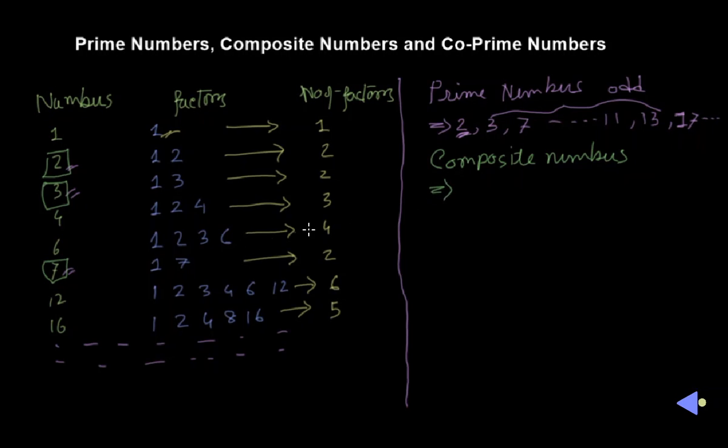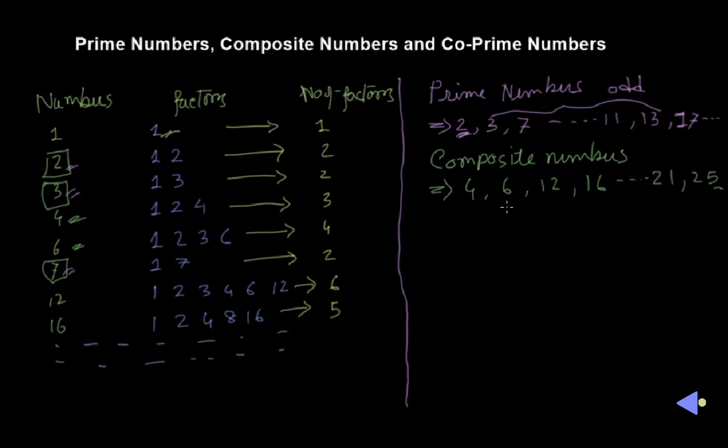Like you see here, 4 has 3 factors, more than 2. In case of 6, we have 4 factors, that means more than 2. Again 12 and 16, all of them have more than 2 factors. Those are even. We can take other odd composite numbers also, like 21 and 25. All those have more than 2 factors and are said to be composite numbers.